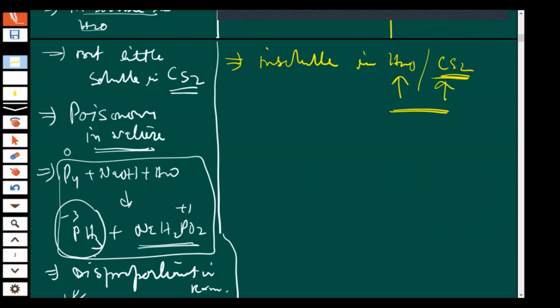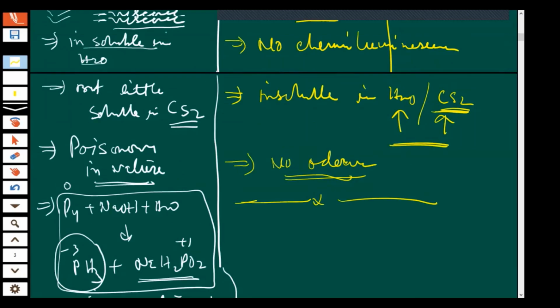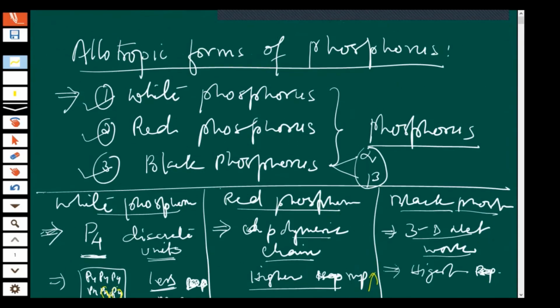So red phosphorus is non-poisonous, odorless. Okay, so these are some facts about red phosphorus.